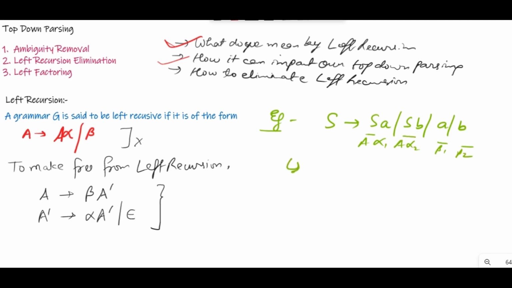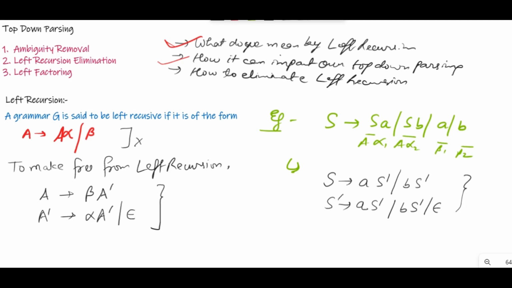So we can eliminate left recursion from this grammar and produce symbols like this. S tends to A S dash, B S dash, and this S dash is deriving A S dash, B S dash, none. So this will be your final resultant grammar.